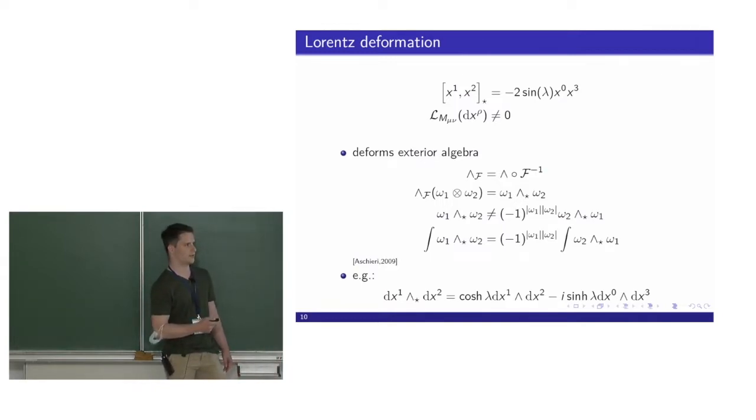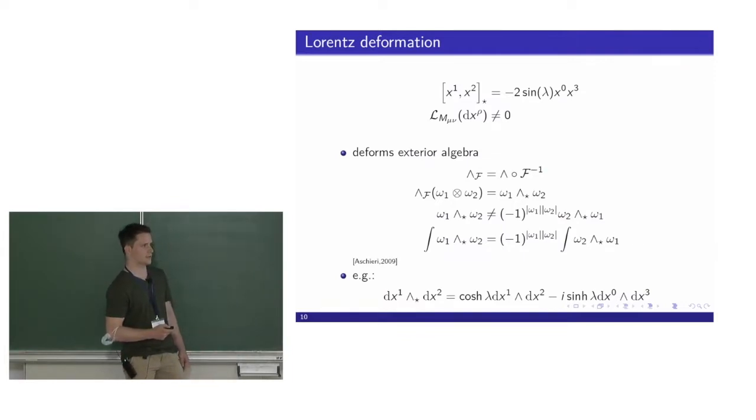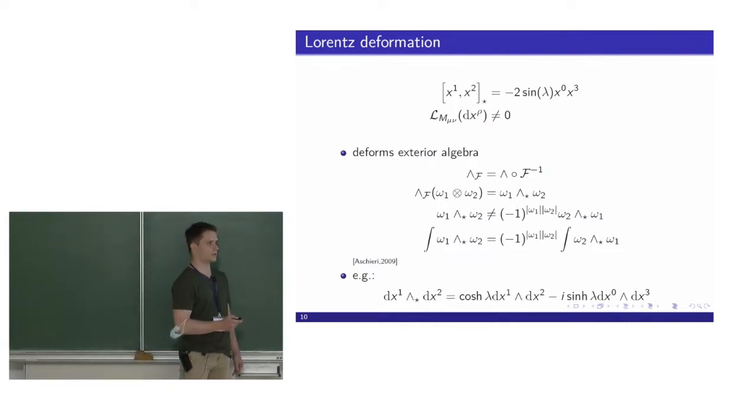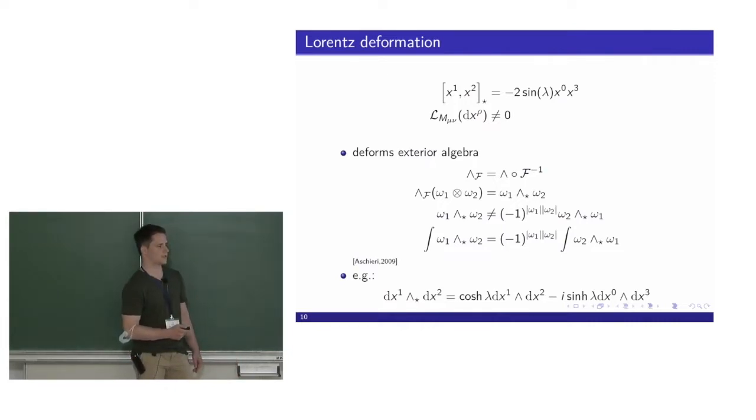We twist it by composition with the inverse twist here, and then we call this the star wedge product between forms. Due to the non-commutativity of the twist, this kills the usual commutation rule between forms. But again, when we integrate over those forms, we recover this commutation rule.